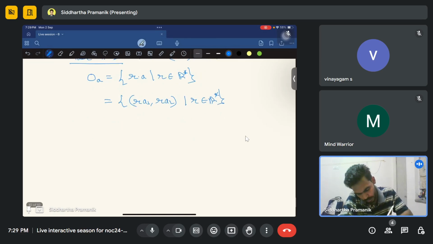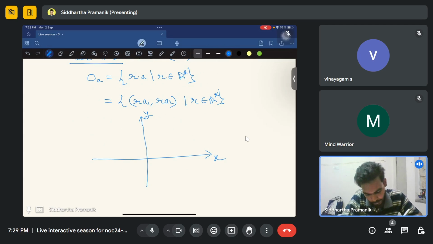So if we just draw the graph, this is the x-axis, this is the y-axis, which means it is the R2 plane. Let's say our (a1, a2) is a point that lies here. Then its orbit is nothing but this straight line.